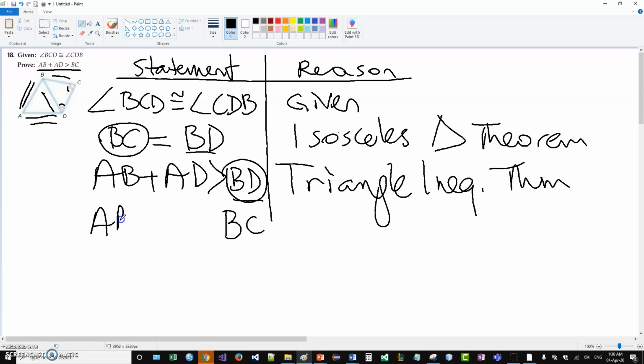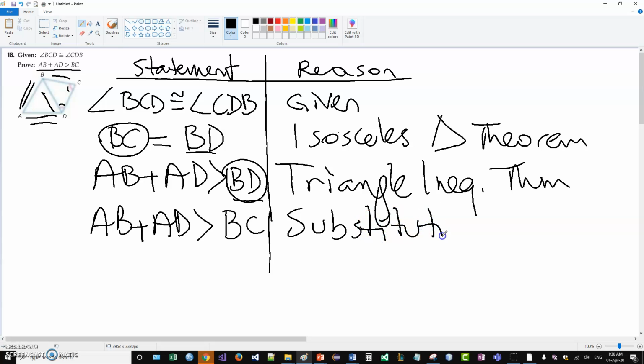So now we have AB plus AD is greater than BC, and the reason for that is substitution. We substituted BD for BC. And that's what we need to have. We wanted to prove that AB plus AD is greater than BC, and that's what we were able to do. Pause the video to go over this one more time.